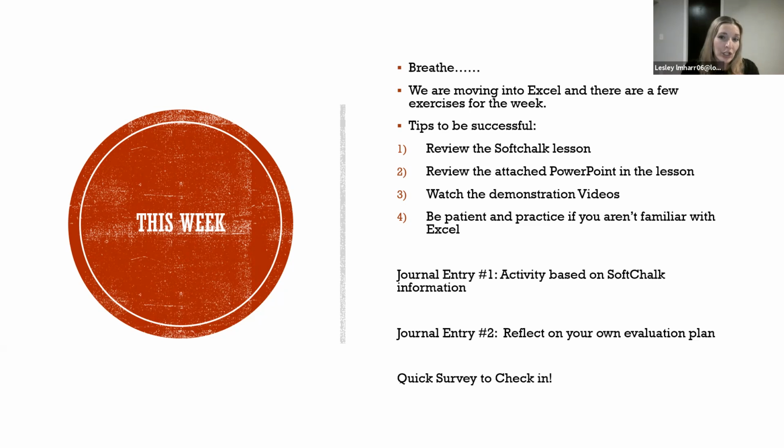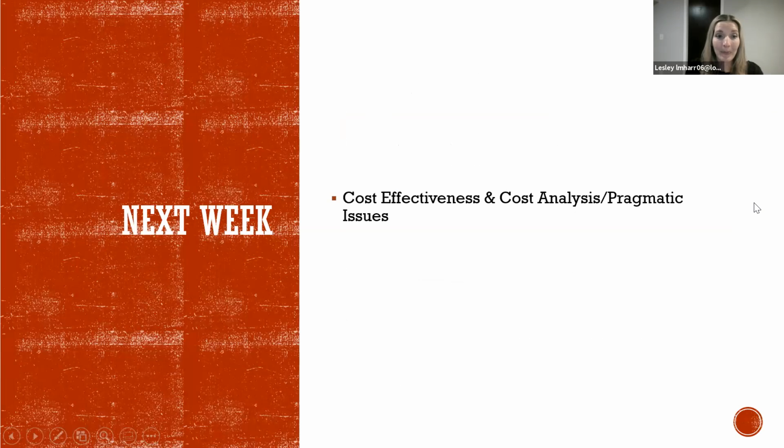And then for journal 2, I want you to reflect on your own evaluation plan, because this is going to help you upcoming with your program evaluation assignment, which is in just a couple of weeks. And I'm also including a quick survey to check in. We are rounding towards the end of the semester, and I just want to make sure that you are all okay and that you can give me some feedback.